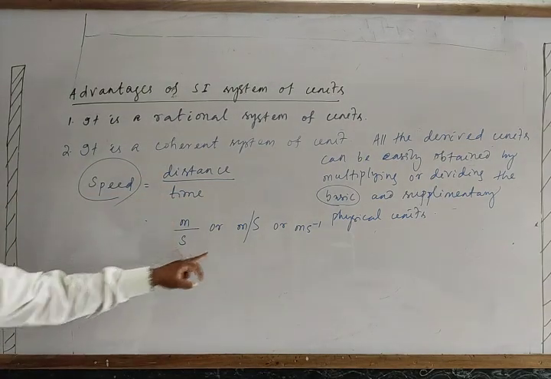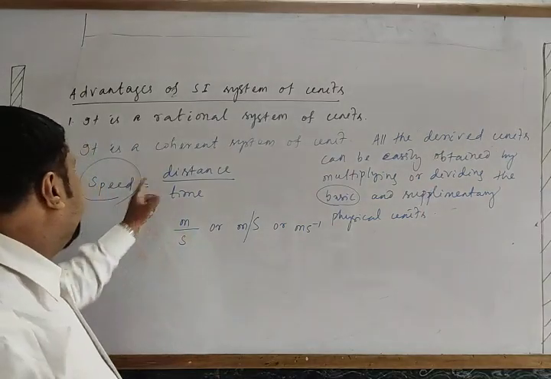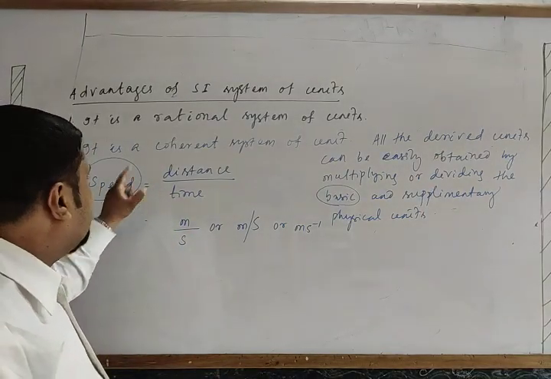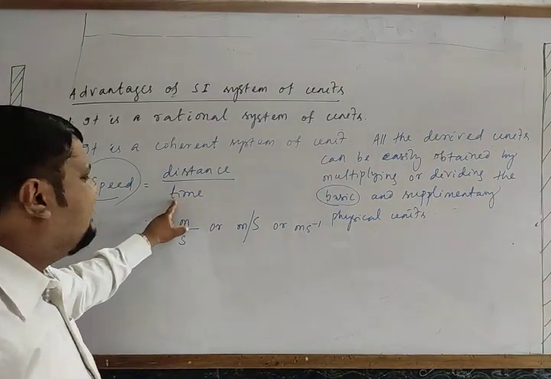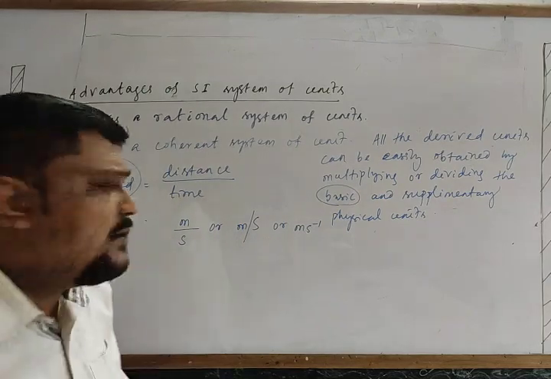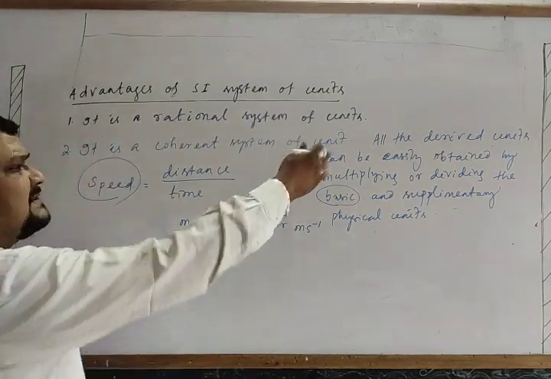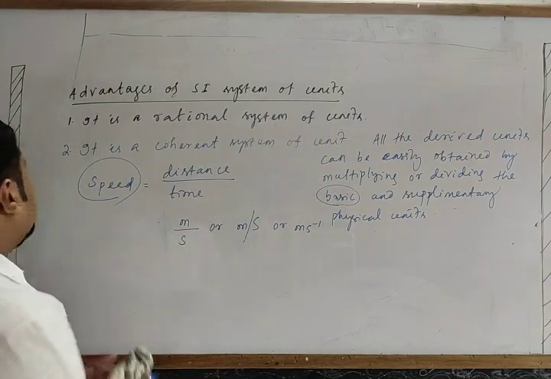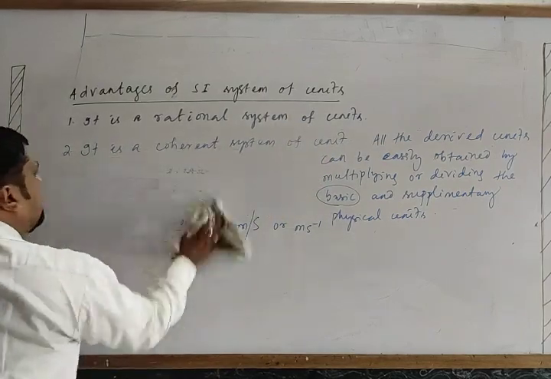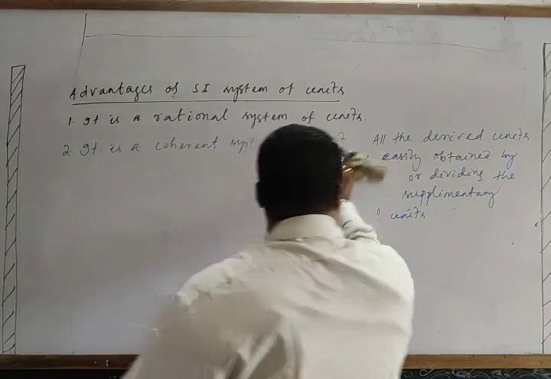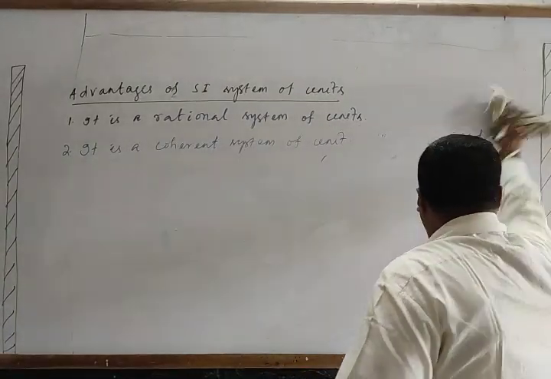This unit of speed is derived by simple division. I am not using any numerical value, not multiplying 2 or 5 or 7. So without introducing any numerical value, clear? That's why it is called a coherent system of units.